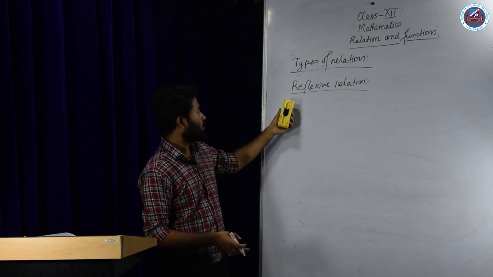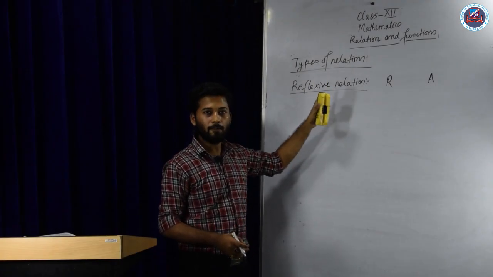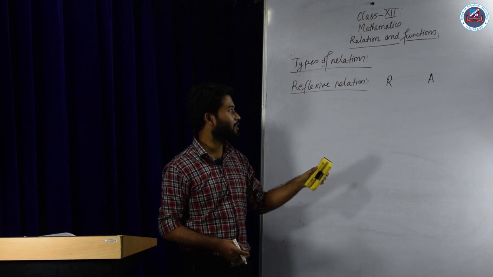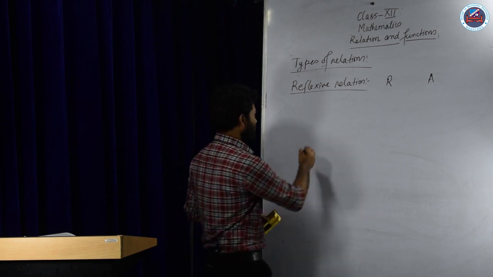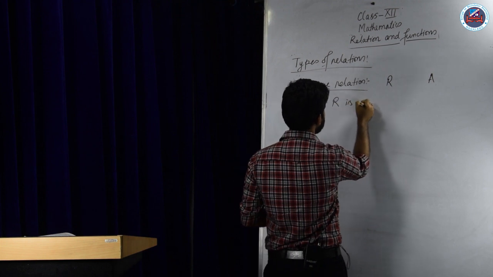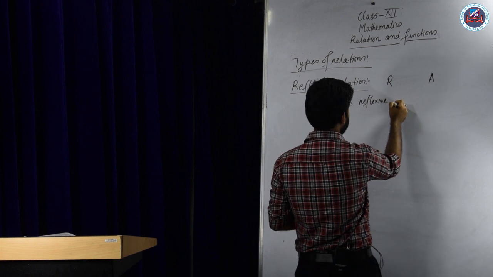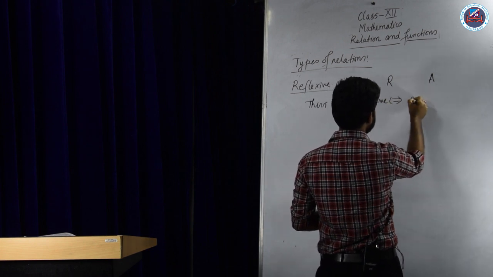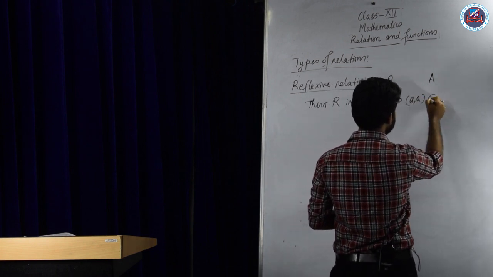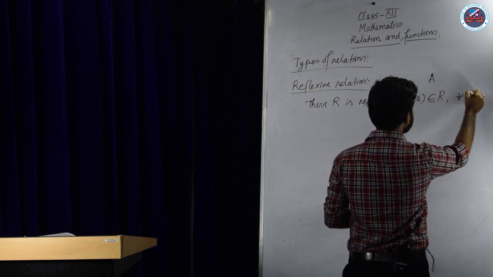At first, the reflexive relation. A relation is said to be reflexive if every element of A is related to itself. Thus, R is reflexive if and only if (a, a) belongs to R for all a.